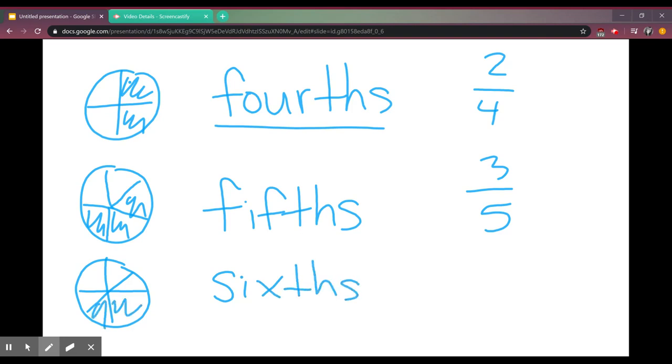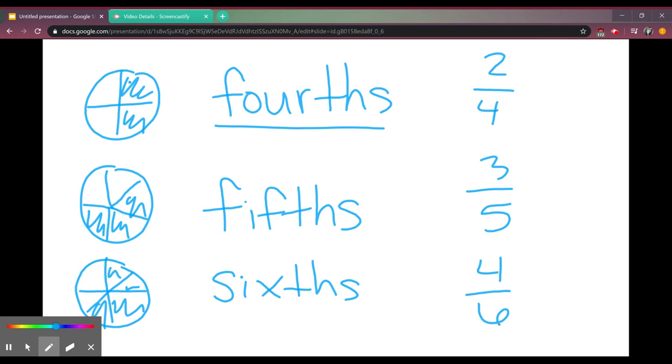And let's say 4 pieces colored in, we can have 4 sixths. And this works even past 6 as well. You can have sevenths, eighths, ninths, tenths, and so on. It just depends on how many pieces the whole is broken into.